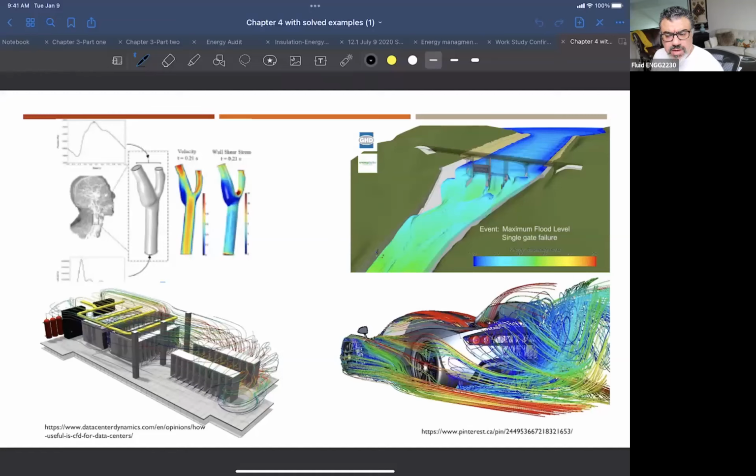Now we are not interested in the overall bulk analysis or the total effect on the overall system, but in small little details.